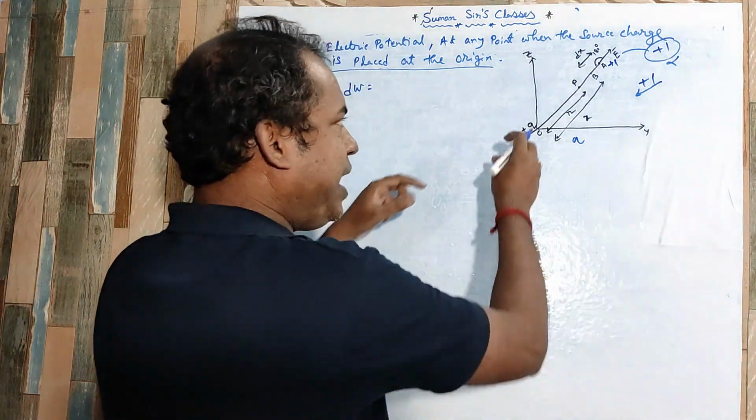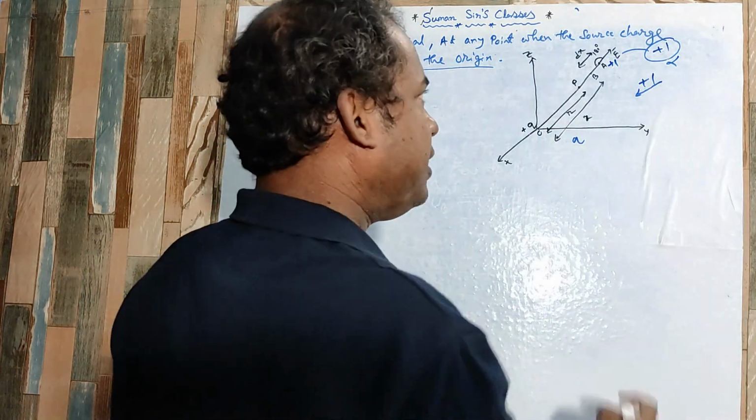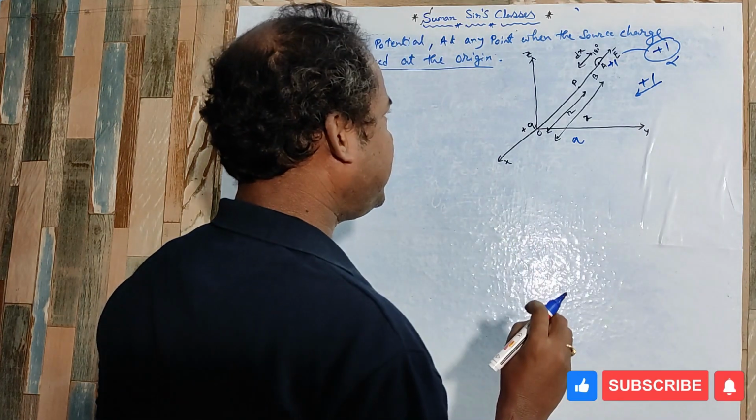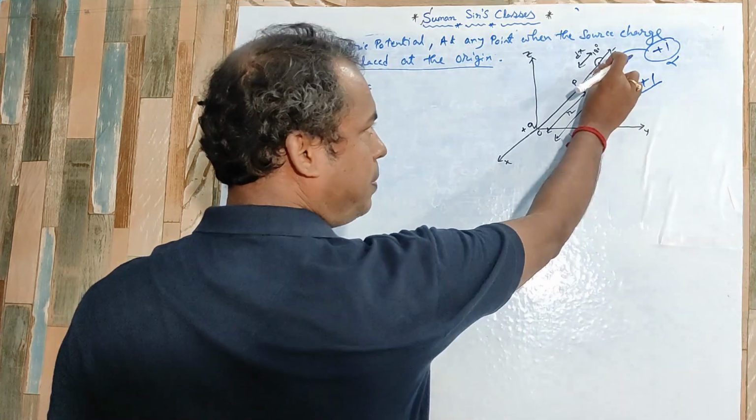The main force acting in this case is the repulsive electrostatic force. The field in this case is the electric field E. Within this electric field, a unit positive charge is moving through a distance of dx.